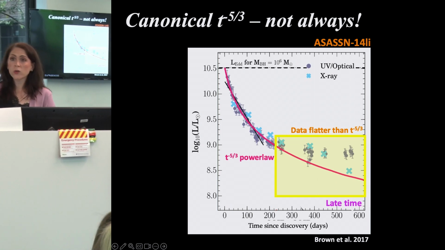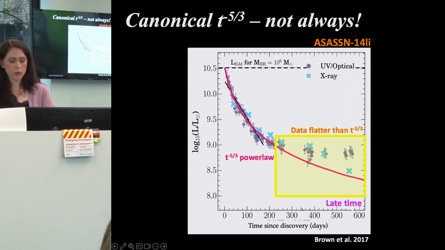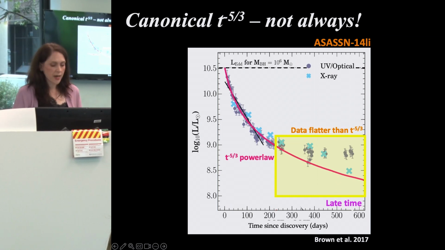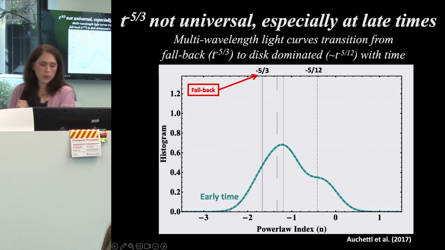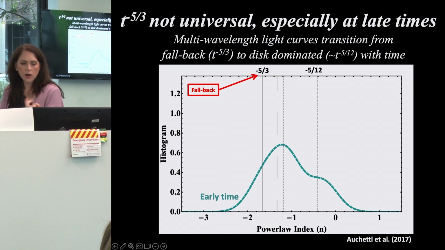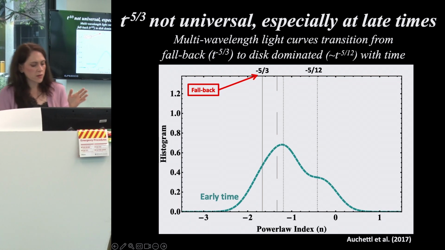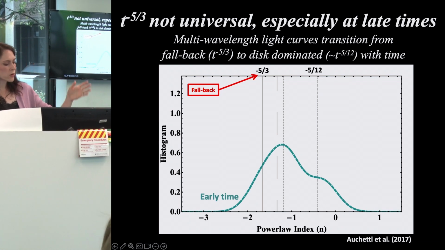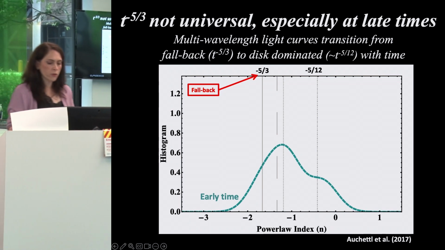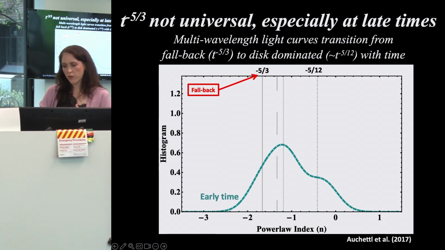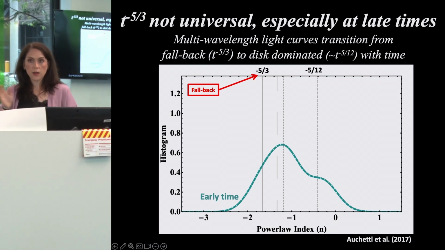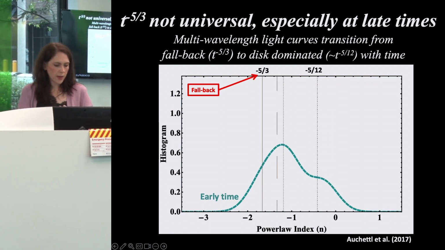And so what you can do is go look at a lot of TDE events that we see and quantify how the emission from these events looks at early times and at late times. What we find when we do that is that at early times, the light curves of TDEs tend to be more consistent with this canonical t^-5/3 associated with fallback, which is shown here by the histogram, where most of them seem to be peaking here.